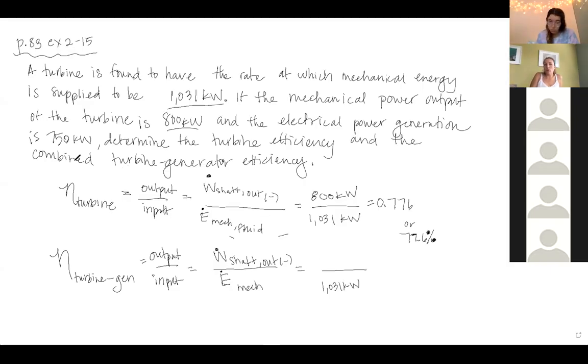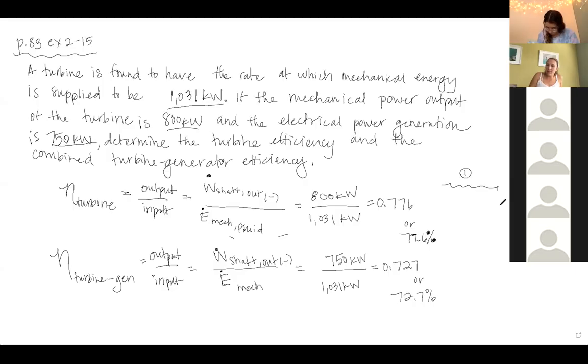But here we're told that the overall electrical power generation is only 750 kilowatts, which gives us 0.727 or 72.7%.